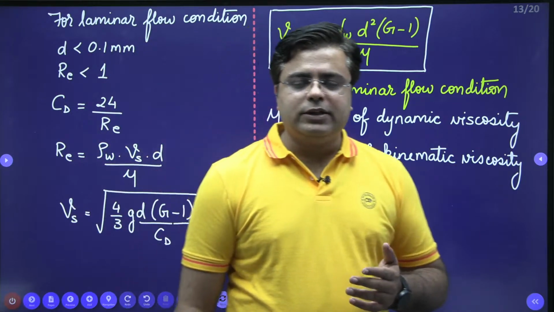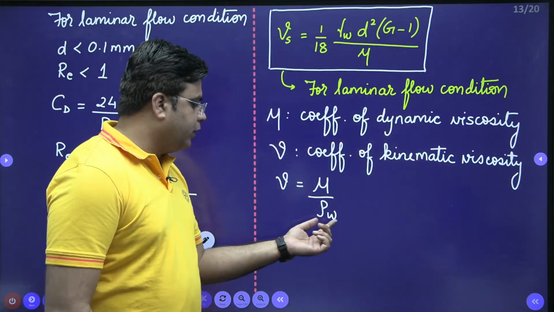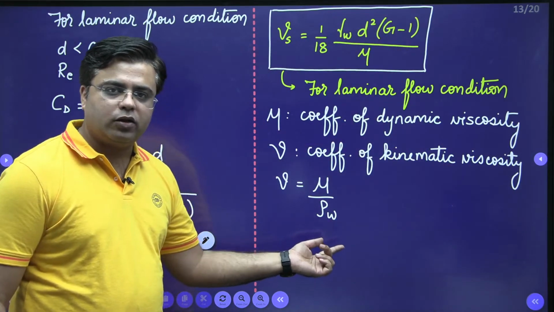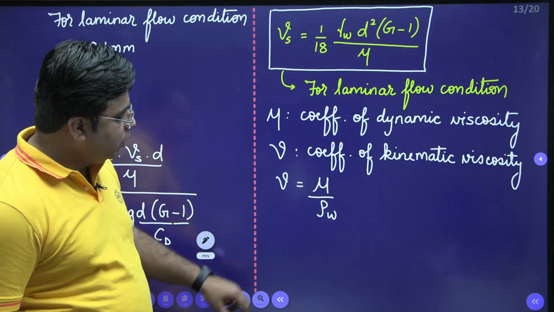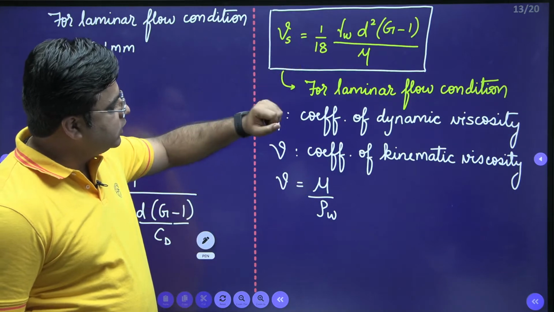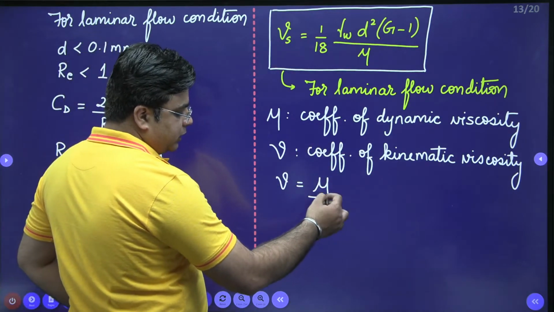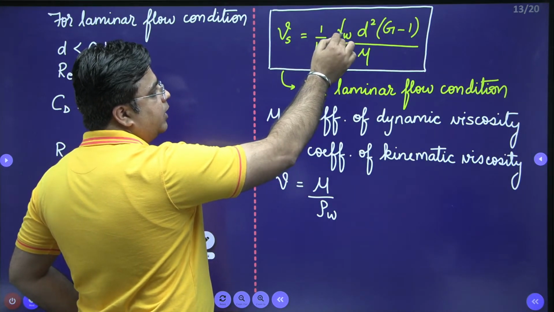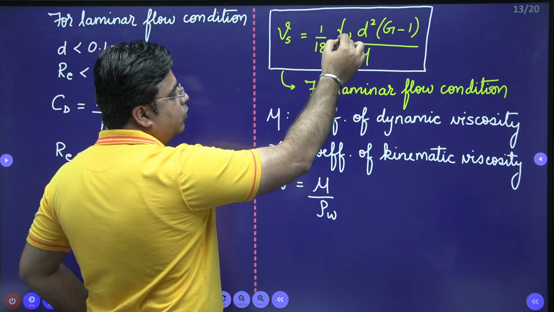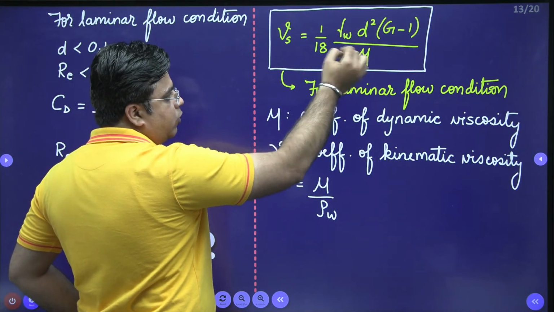In fluid mechanics, basically you use density of fluid. For us, fluid is water, so I am directly writing rho w. Nu is equal to mu by rho w. Now you can use this for calculating the settling velocity. You are not seeing this rho w in this expression, but gamma w is there. Gamma w can be written as rho w into g. Then mu by rho w will be equal to nu.